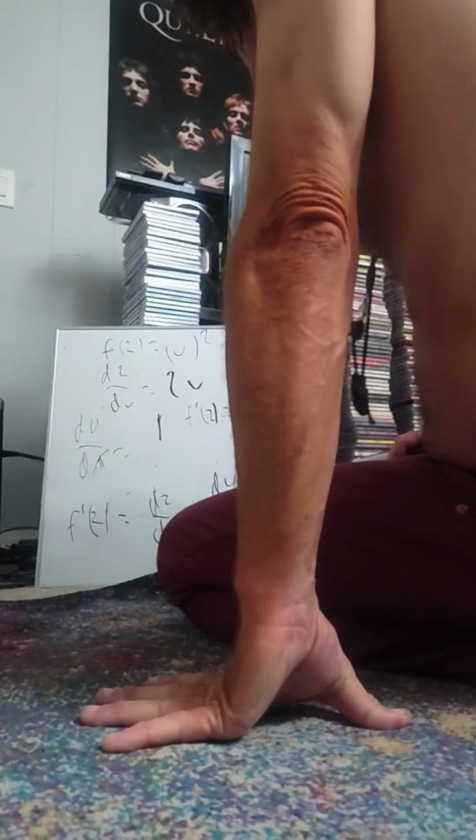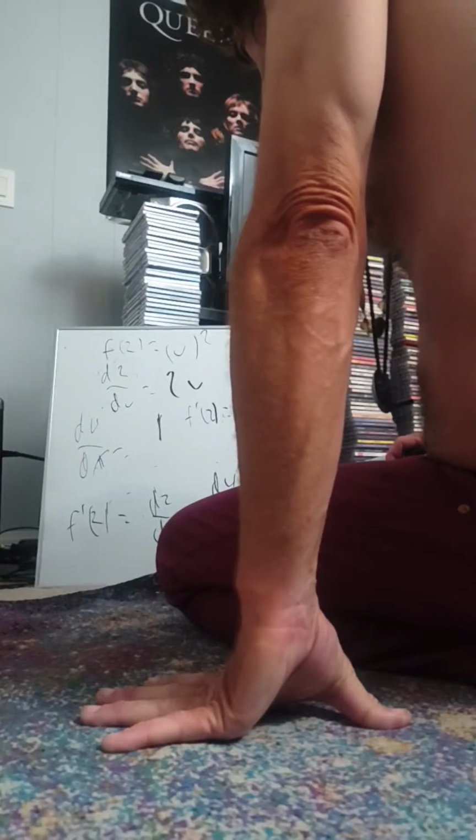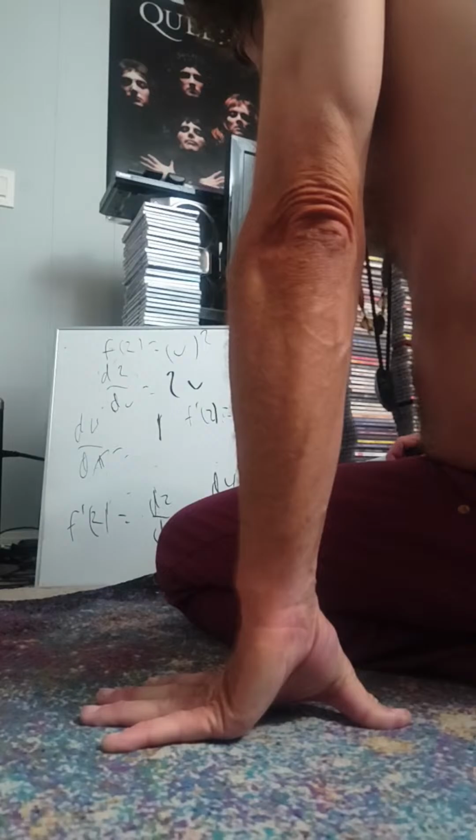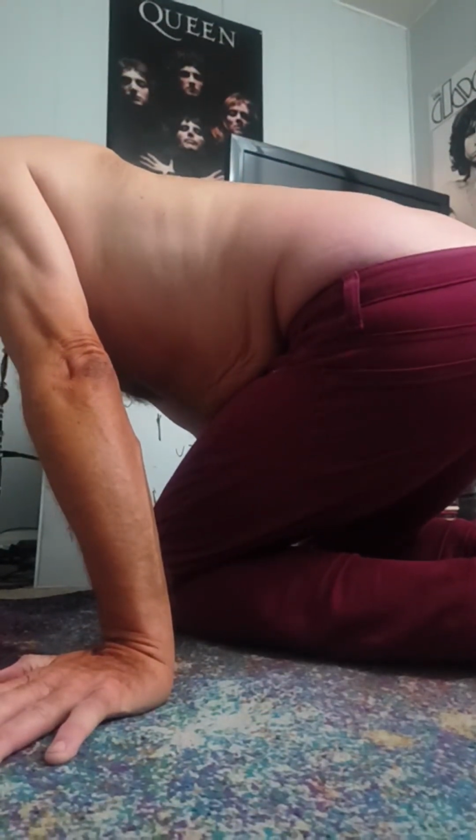Therefore, f prime of z, let's make it so I have more room here. f prime of z equals 2u. I'm doing this right. But u equals y.